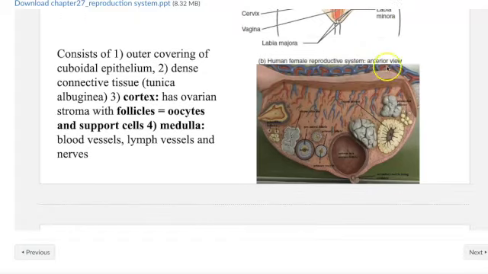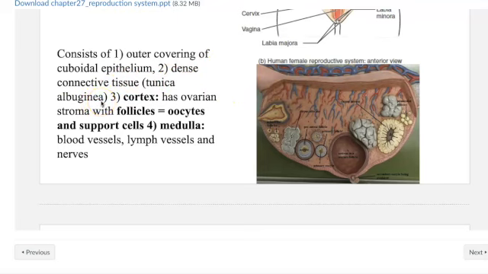Okay, here's what an actual ovary looks like. The ovary is about the size of an almond, and it has an outer covering, and then the inside covering, the tunica albuginea.